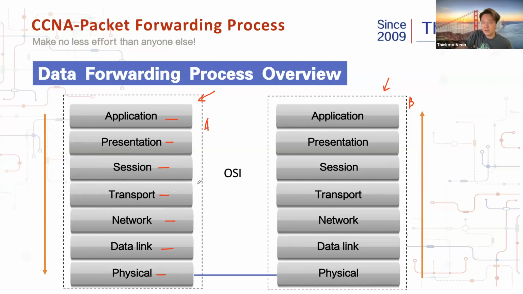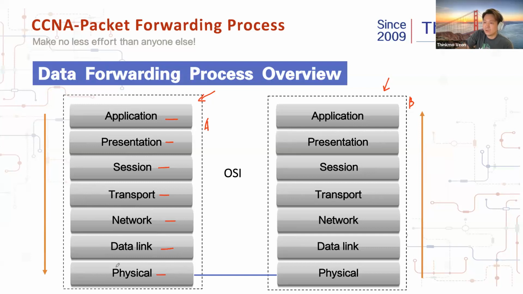For this OSI model, it's very important for us to remember it or refer to it in network communication. Let me introduce a way for you to remember the 7 layers: physical, data link, network, transport. You don't need to remember it so hard.